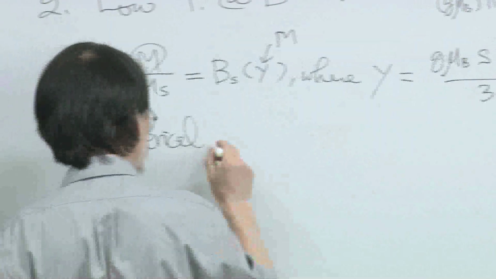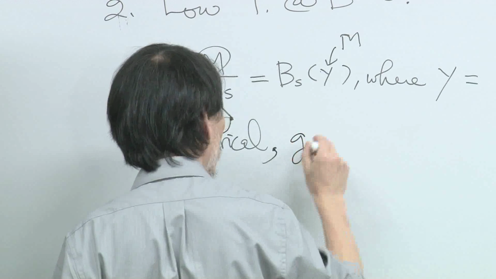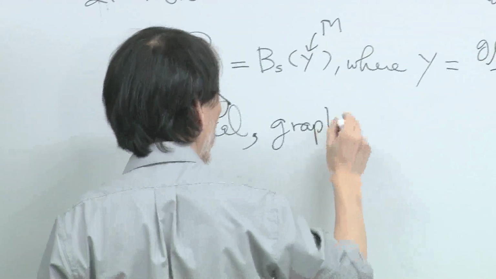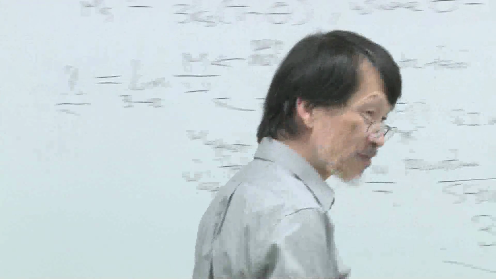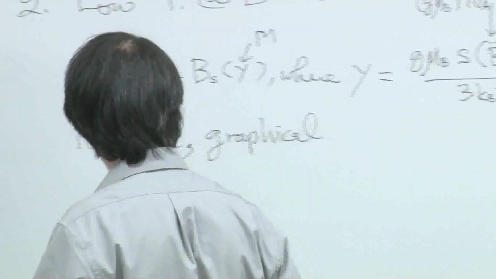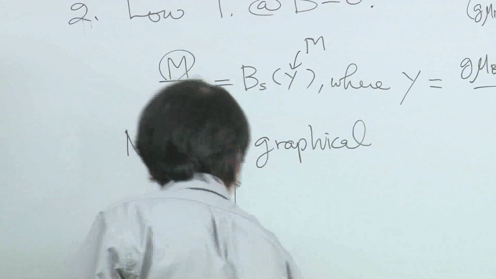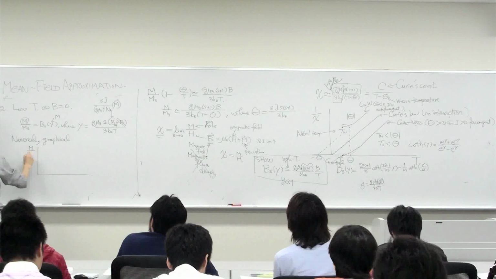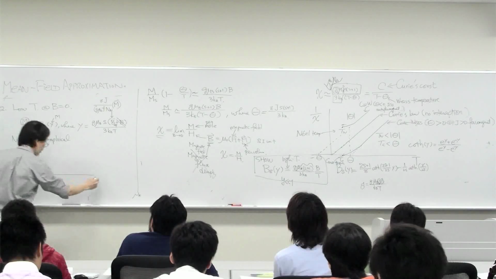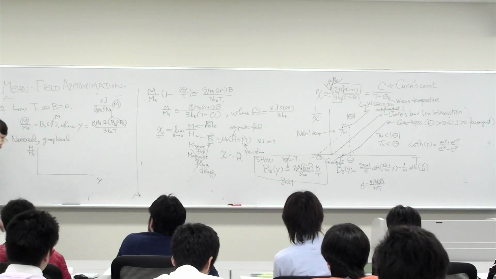But historically, before the advent of computers, people did a graphical way of qualitatively finding what happens. So let's do that. What you do here is you plot on the y-axis M over M sub S, and on the x-axis you take y.